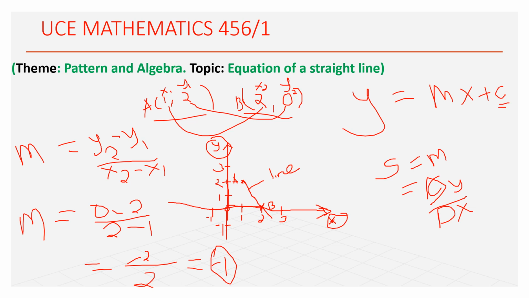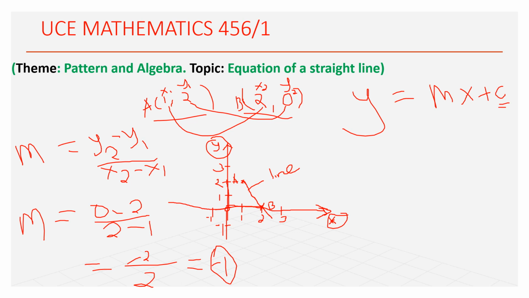Then, if I want now to get the equation of the straight line, what I'm going to do is very simple. You don't need to worry. I will pick any point along that very line. Now that I have the gradient, I pick any point.